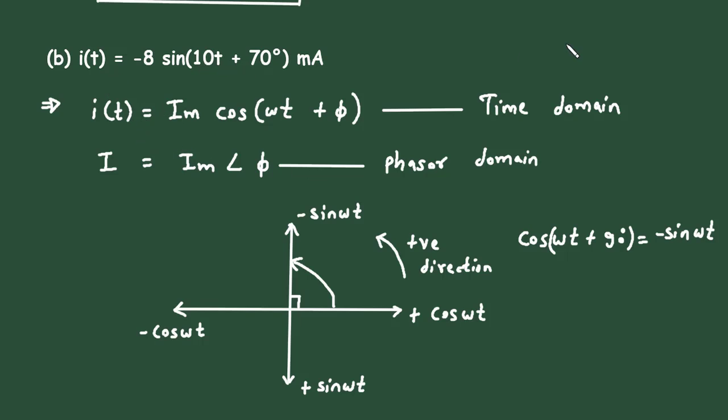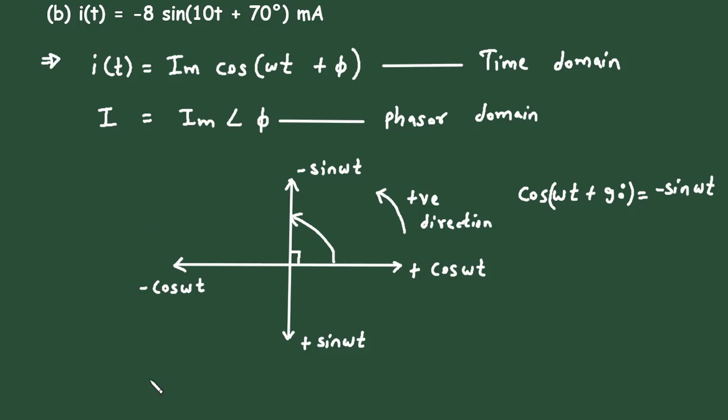So let's put this formula here. It will be i(t) equal to, now this 8 will be as it is and this minus sine will be changed to cos(omega t + 90 degrees). So let's put cos. This value will remain as it is, that is 10t plus 70 degrees, then plus 90 degrees. Here it is in milliampere, so we will keep it as it is.